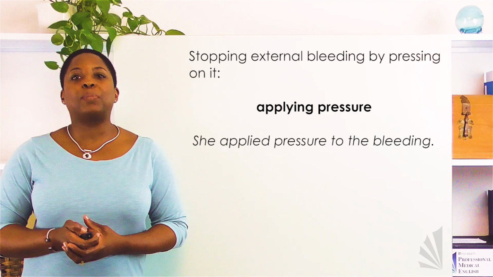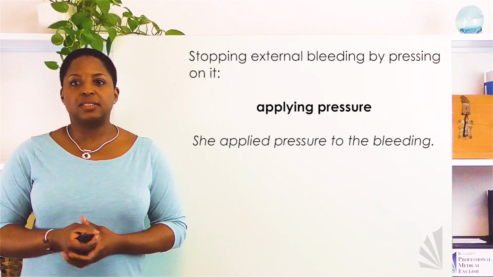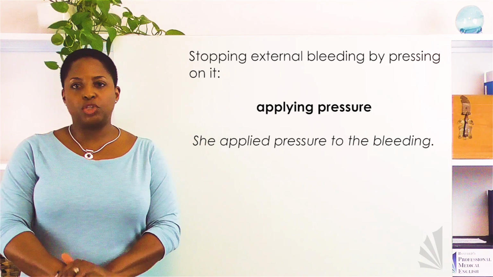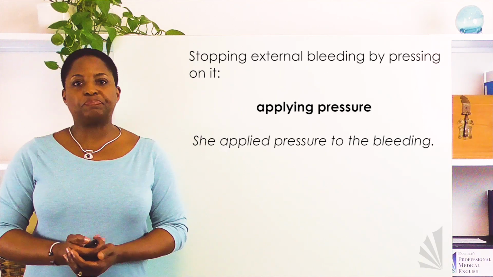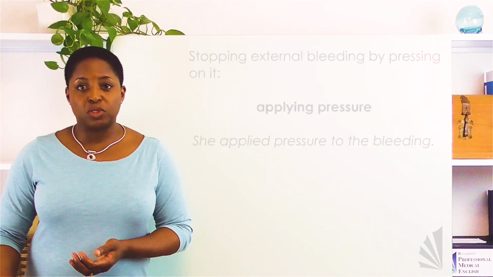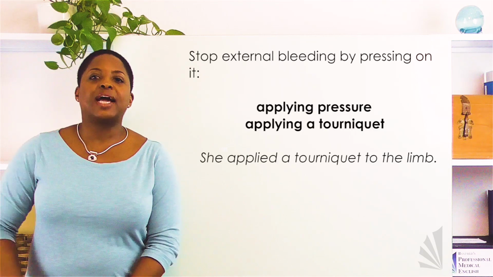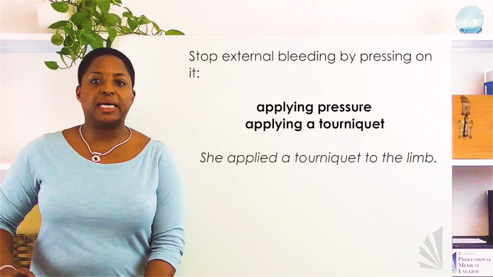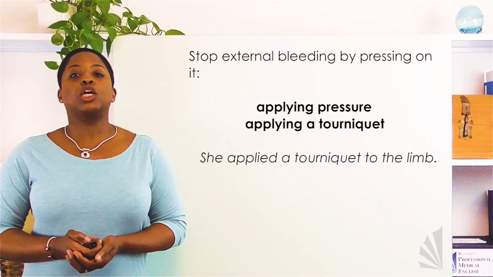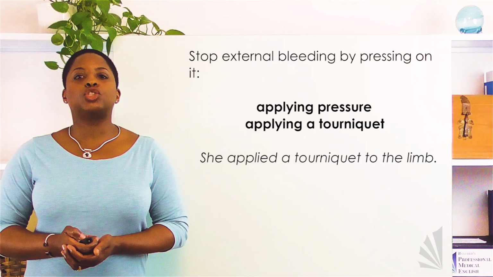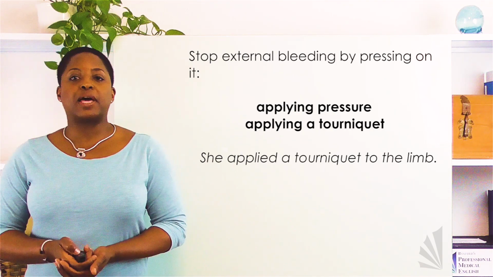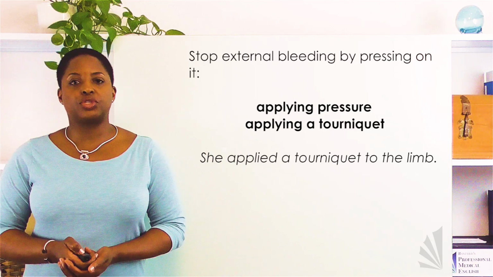So she applied pressure means that she directly pressed down on the bleeding point, usually by hand. Or if it is a limb that was bleeding, she may tie a band around the limb and pull it tight until the bleeding stops. And here we say she applied a tourniquet. A tourniquet is the name we give for that band that we tie around to stop bleeding.